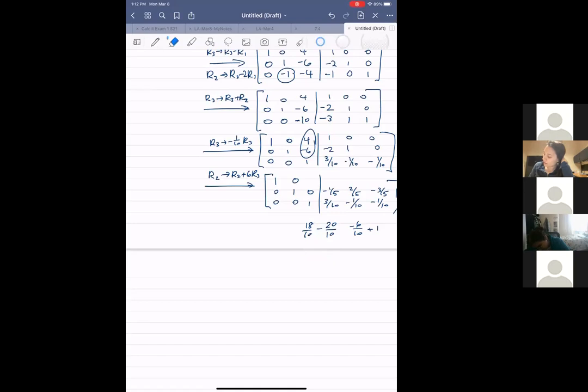Okay, that's that row. And then at the same time, I'm going to do row 1 replaced with row 1 minus 4 times row 3. And that will give us a 0 here. And then we have to figure out all the other stuff.